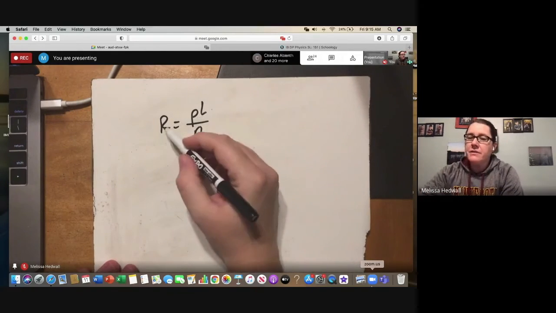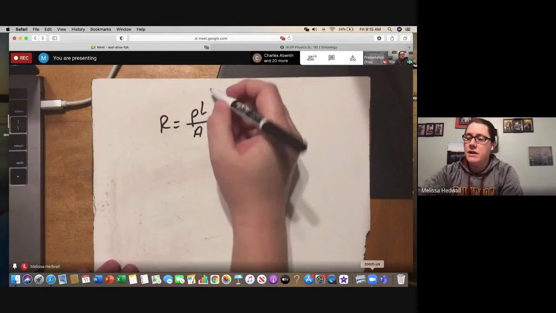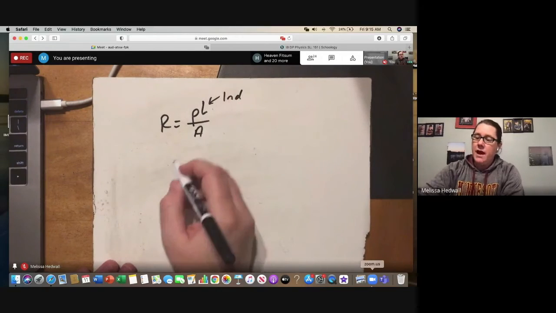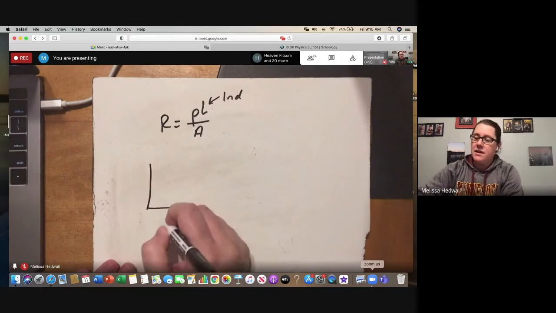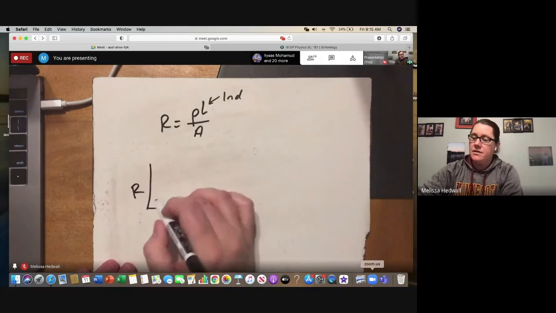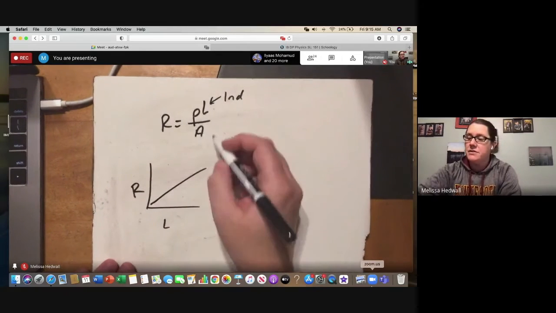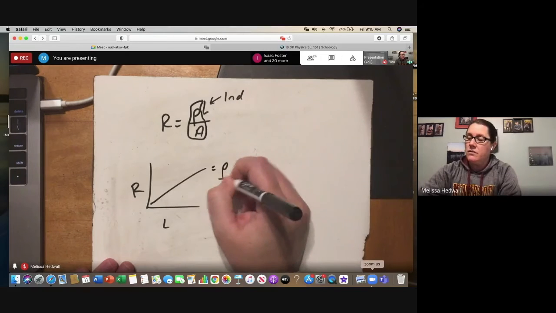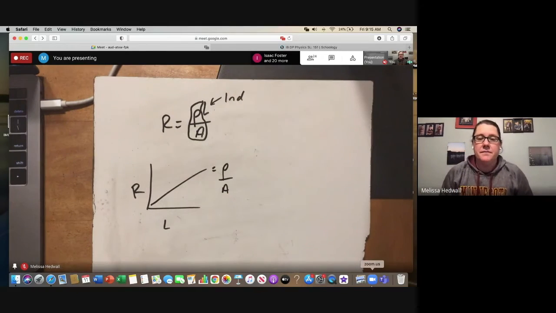But if you're measuring resistance and you pick, let's say, length as your independent variable, then when you graph, with length here and resistance here, you should have a linear slope. And that slope should be equal to rho over the area.